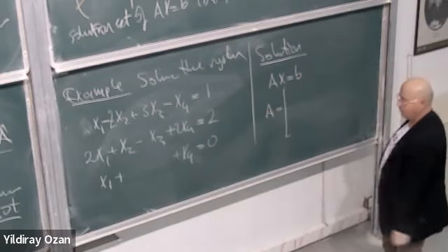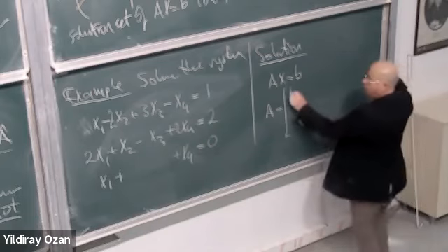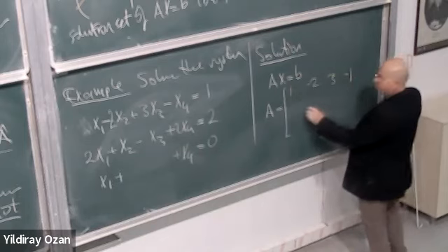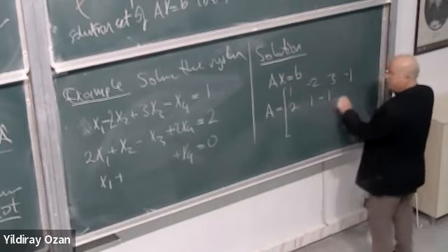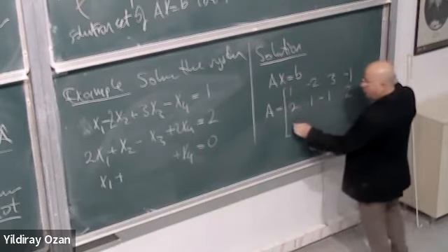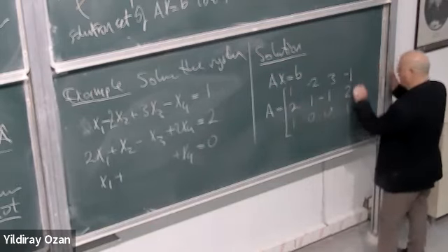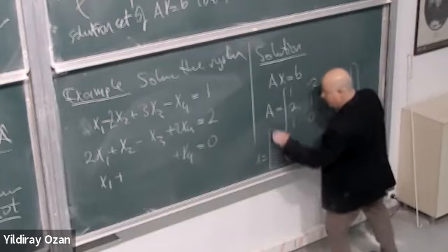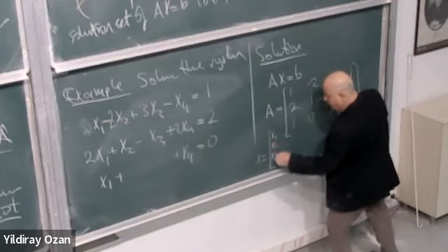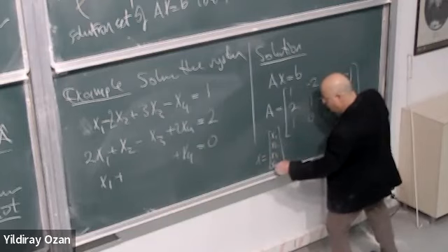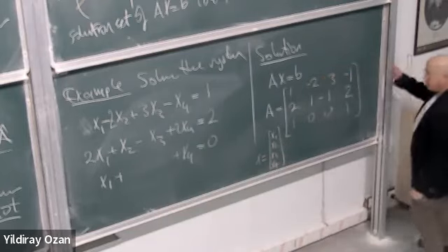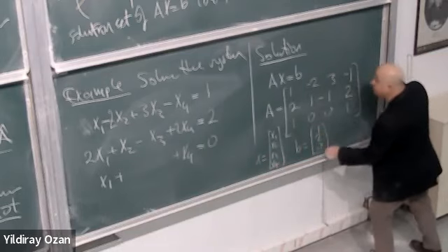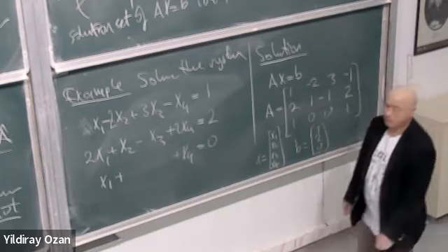It's a 3 by 4 matrix. 1, minus 2, 3, and minus 1. 2, 1, minus 1, 2. 1, 0, 0, 1. X is just x1, x2, x3, and x4. And b is just 1, 2, and 0. Okay.